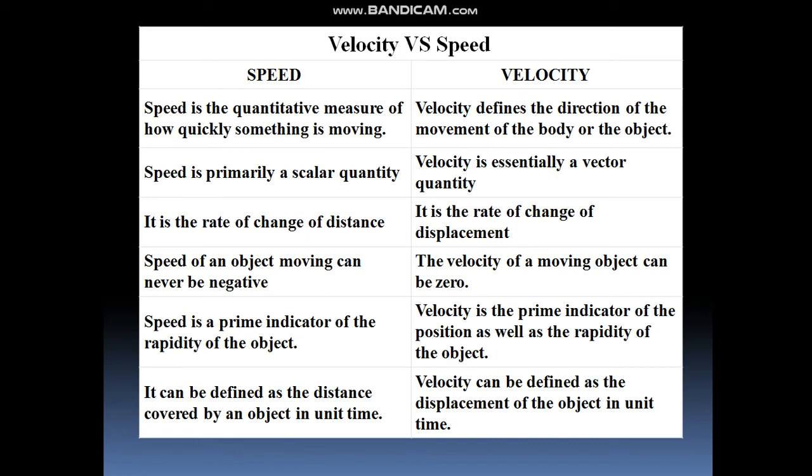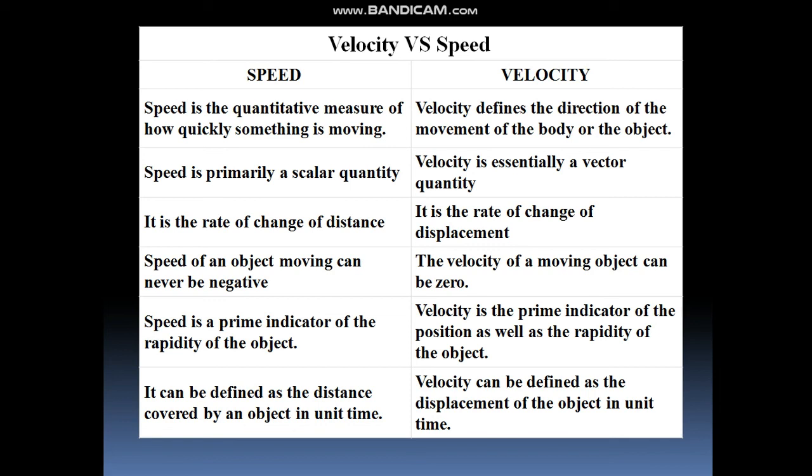Speed is the rate of change of distance. Velocity is what? Rate of change of displacement. Now, the speed of an object can never be negative, but the velocity of a moving object can be zero. When is it zero? When the displacement of the body is zero.